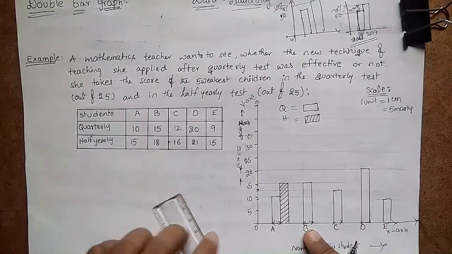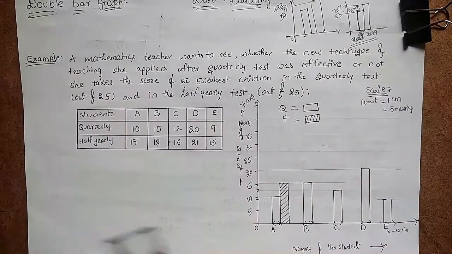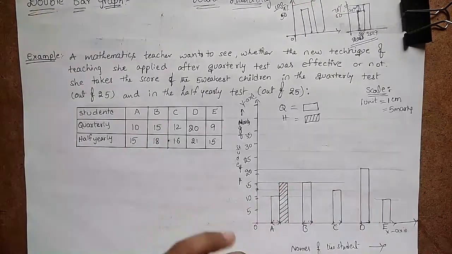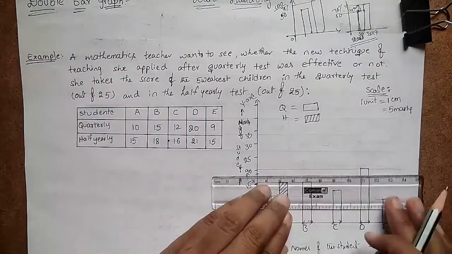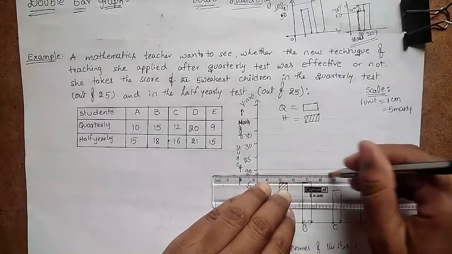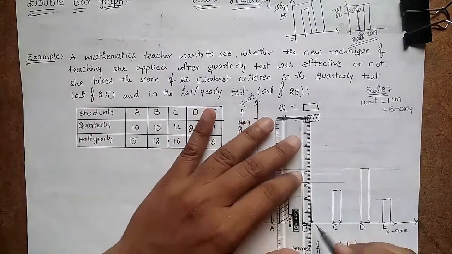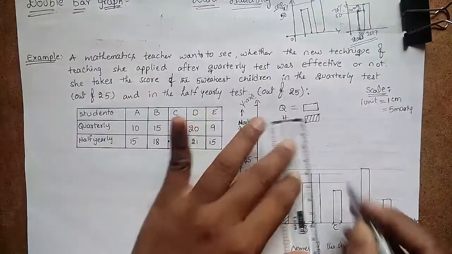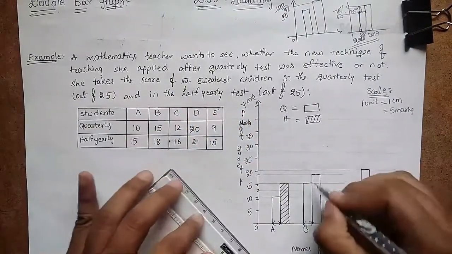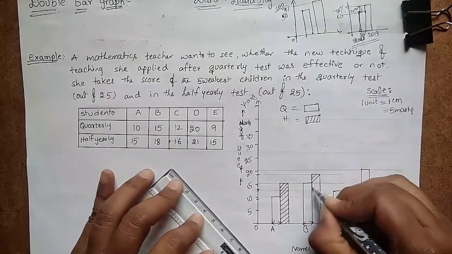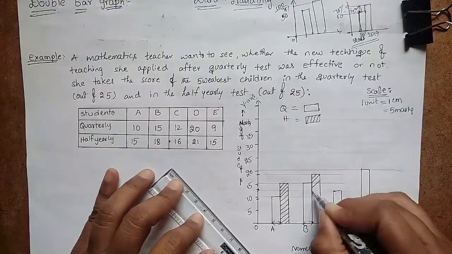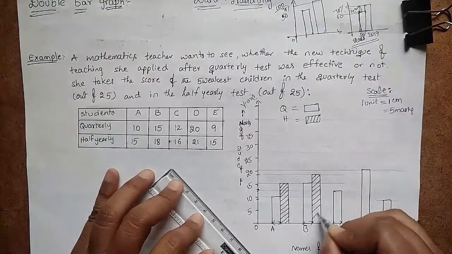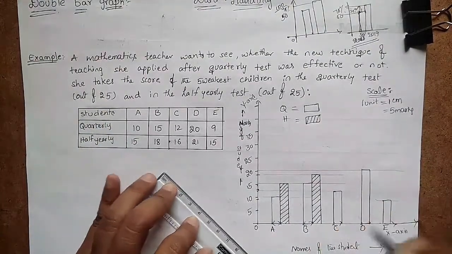Next, coming to B, that was 18. How are we representing 18? This was the 20, two points below. Just make a small line like this for visualization purposes. Take the same length and shade the half yearly box like this, so we can identify this as half yearly for easy observation and easy representation of the data.